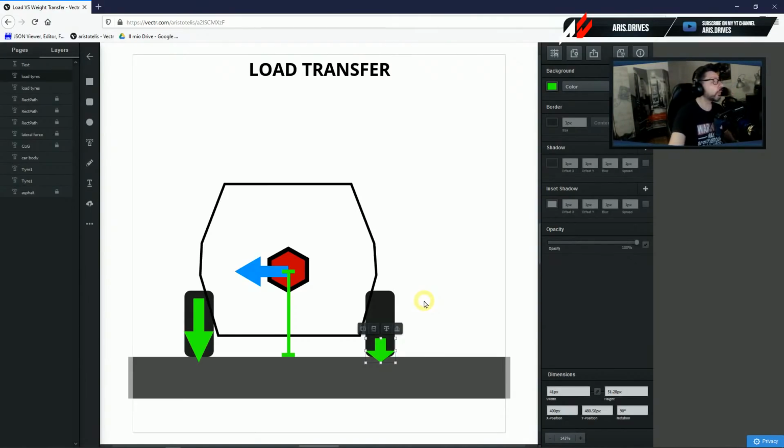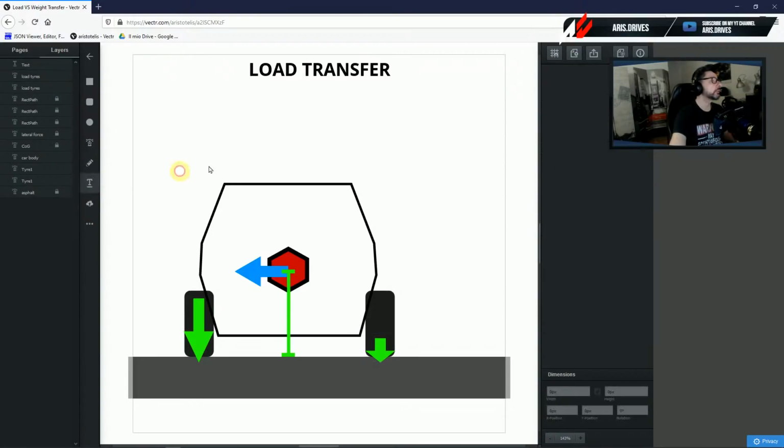So what is the formula for the load transfer?